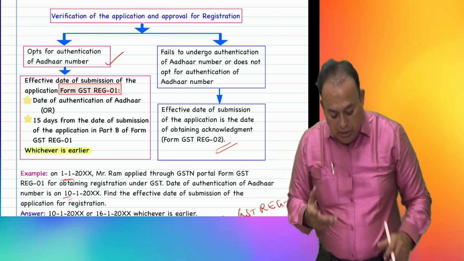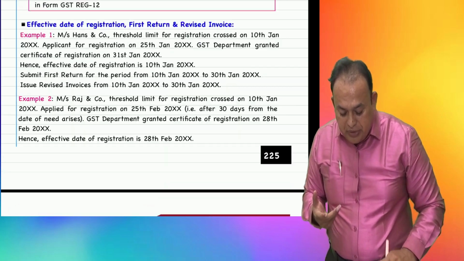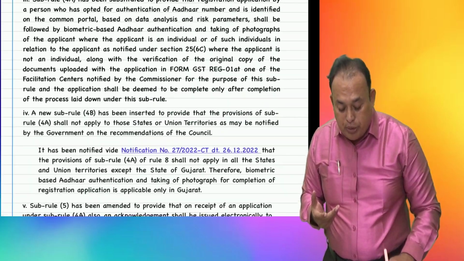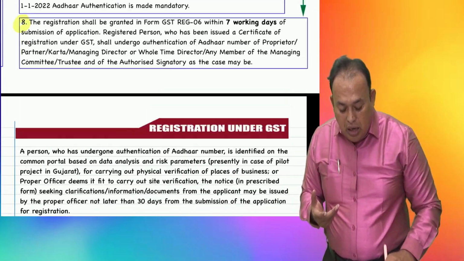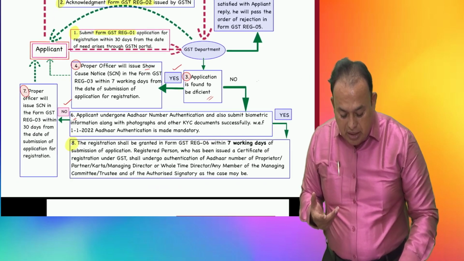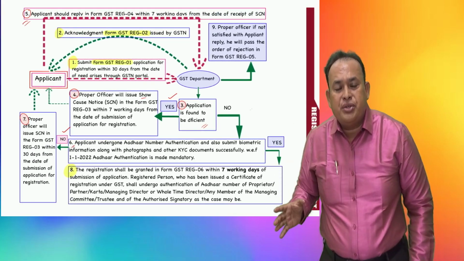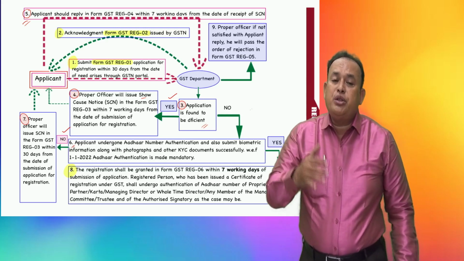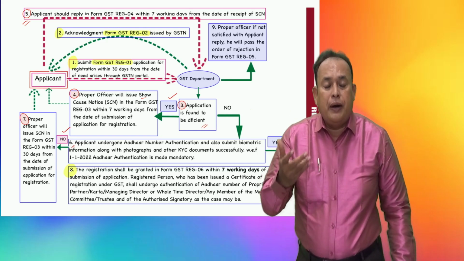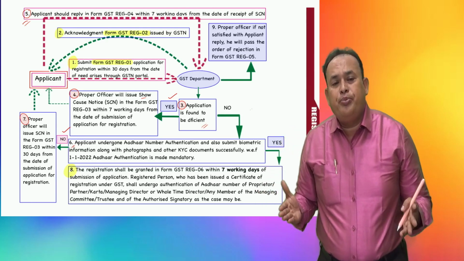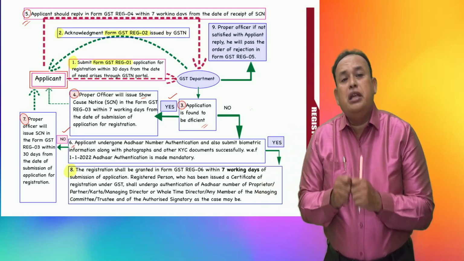Now, further, referring here, my dear friends, in my registration procedure. Now, suppose, sir, Aadhaar authentication not taken place, or when the department issued the show cause notice form GST REG03, I have not replied, or even I replied improperly.